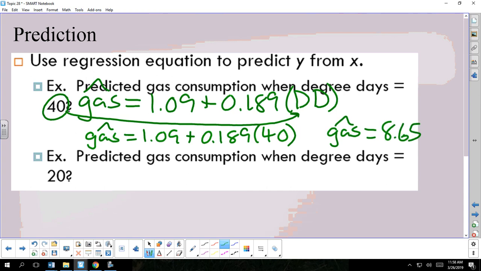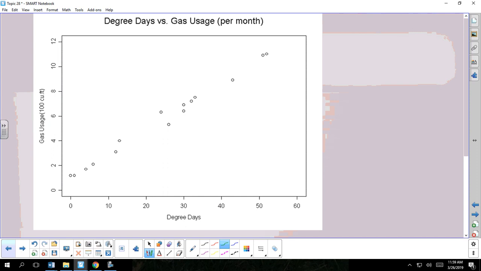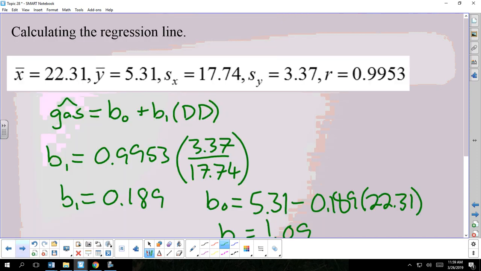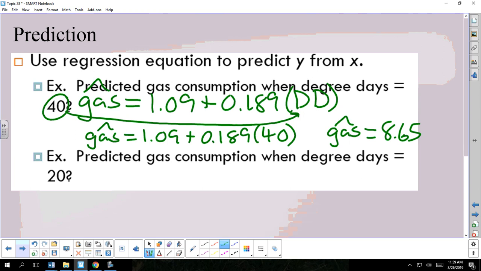You try with 20. See if you can plug it in with 20 and see what units we're in. It's 100 cubic feet. So 865 cubic feet of gas. Try for 20. See how you do on that one.